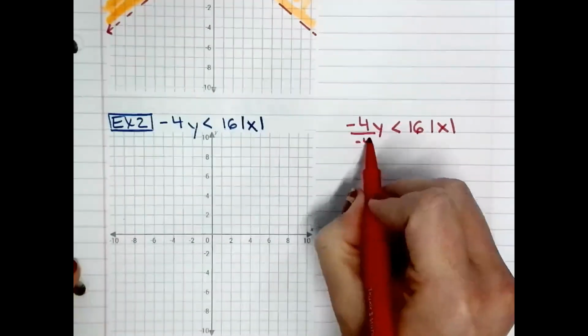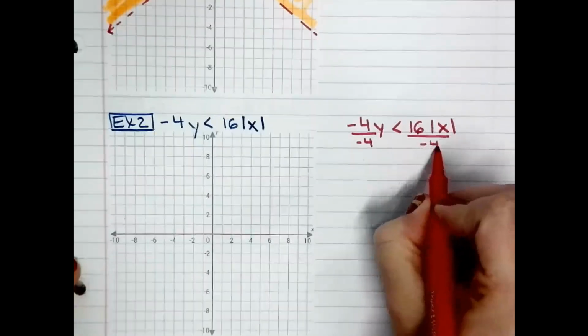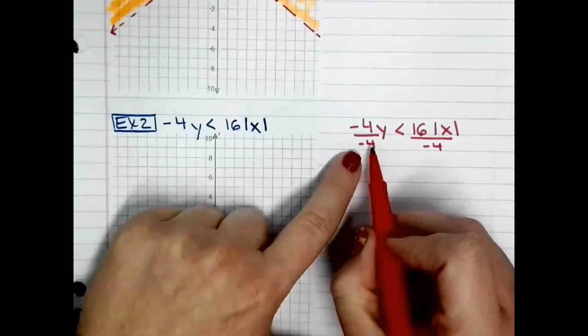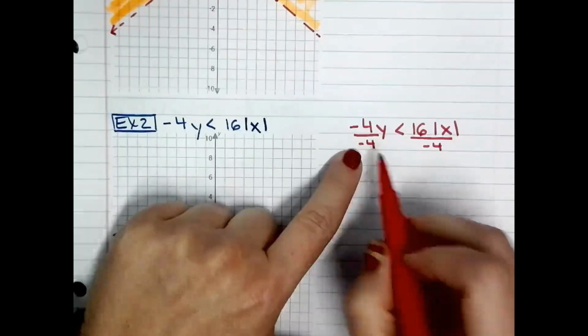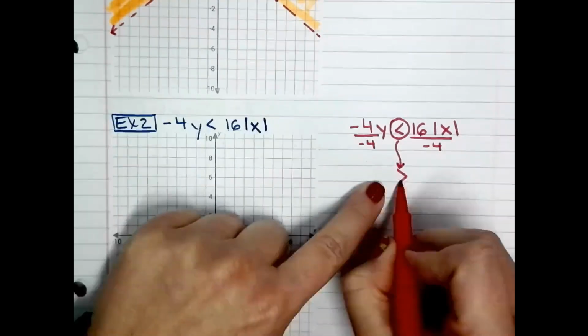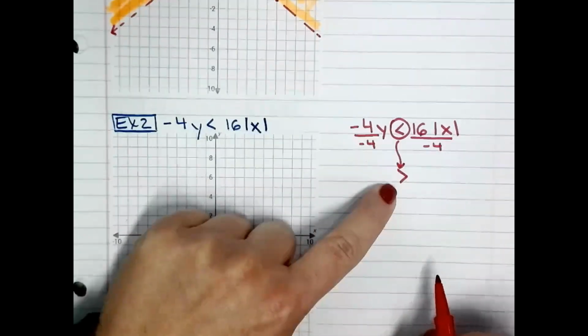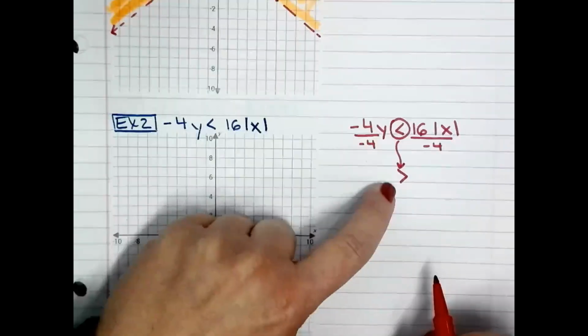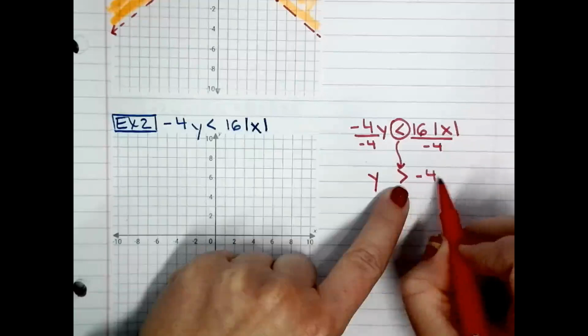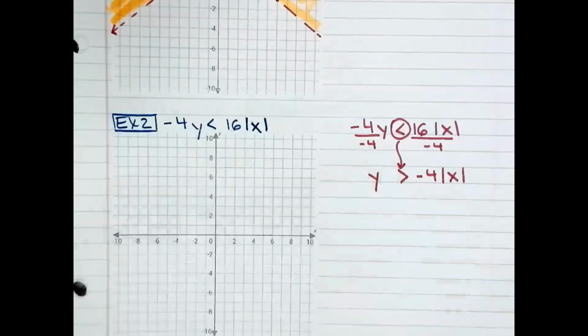So you divide both sides by -4, and you know this: every time I multiply or divide by a negative, I have to switch the inequality sign. So less than is going to be greater than. So y is greater than -4 absolute value of x.